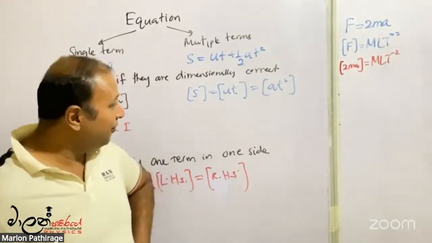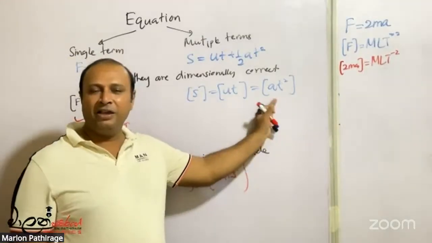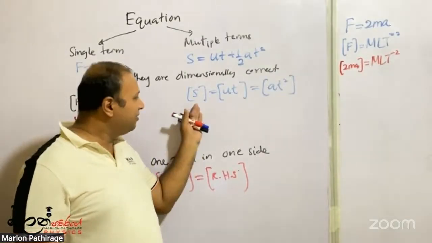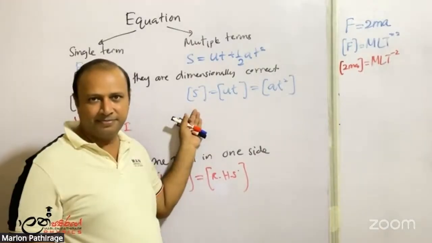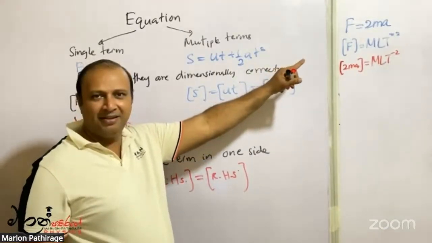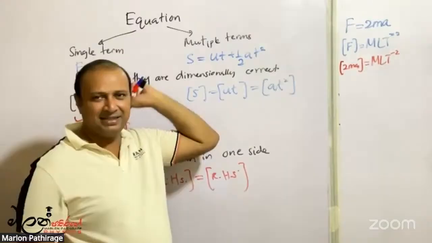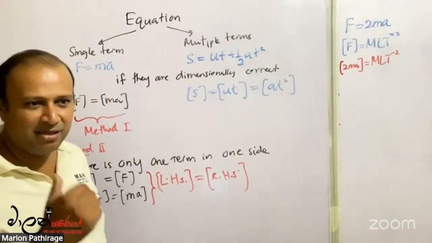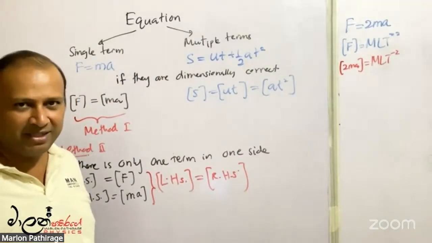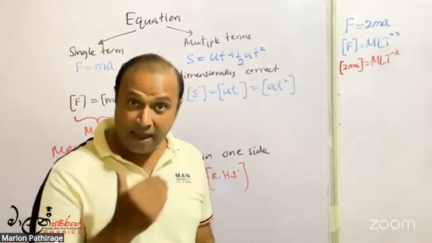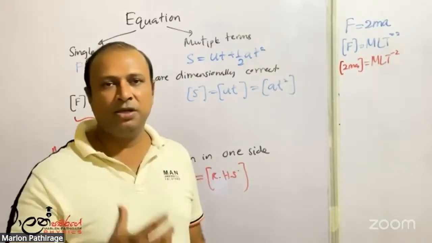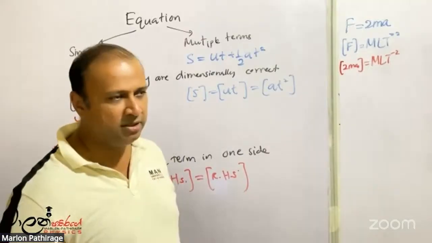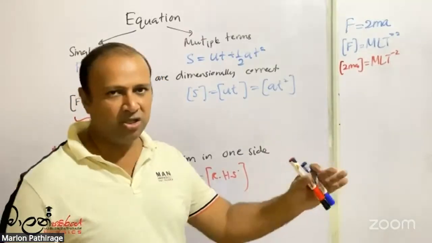But if you have equal dimensions in every term, there's a limitation of numbers. When you are analyzing the accuracy of an equation, if you have the same dimension for every term, then you have to write that word: this equation is dimensionally correct.